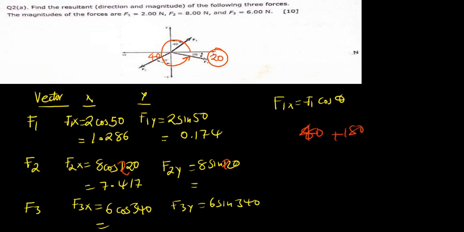Then 8 sin 220 gives 2.997. Okay, this other one is not supposed to be the way I've written it. It's another value. This one here is supposed to be negative 6.12, if we say 8 cos 220.